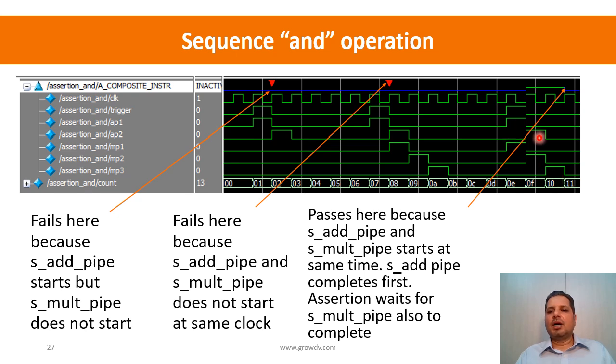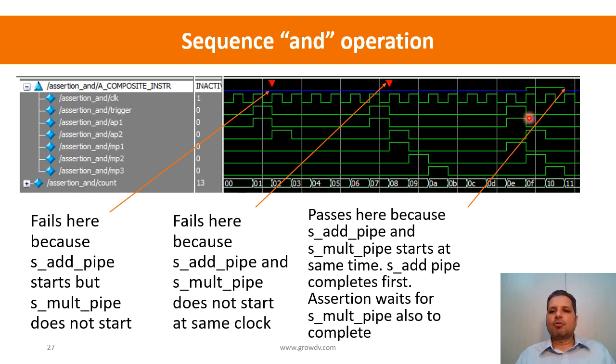The first sequence has matched over here at the clock of F, and the second one has matched at the count of 10, and only after the second sequence has matched successfully has the property completed, and here it has completed successfully. It completed at the point where the last match took place. So this is how this works.